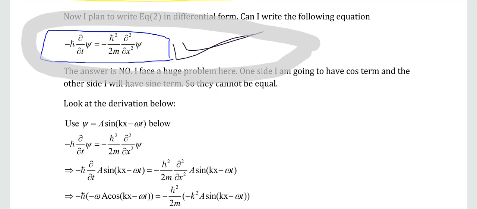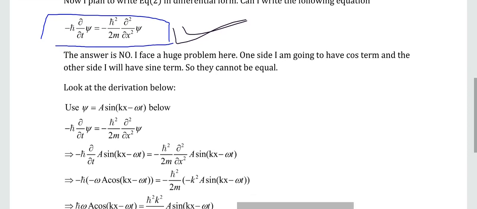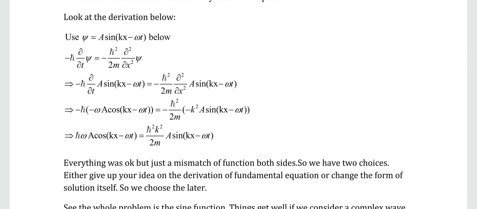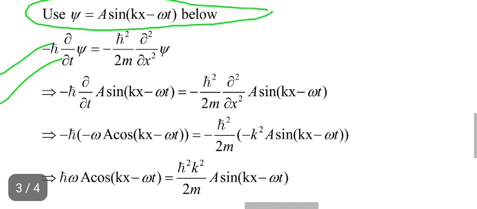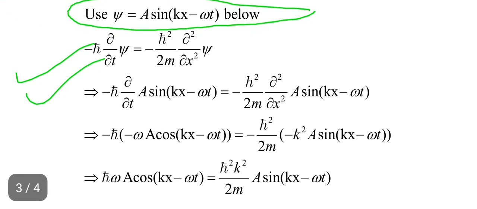Let us see if we can do it. We assumed this as the solution of the wave nature of the electron, and let us put it in this equation that we assumed is the basic equation for the wave nature of the electron. Let us see the truth of this equation. What I have done in this derivation is I just applied the value of psi on both sides to check the validity of this equation.